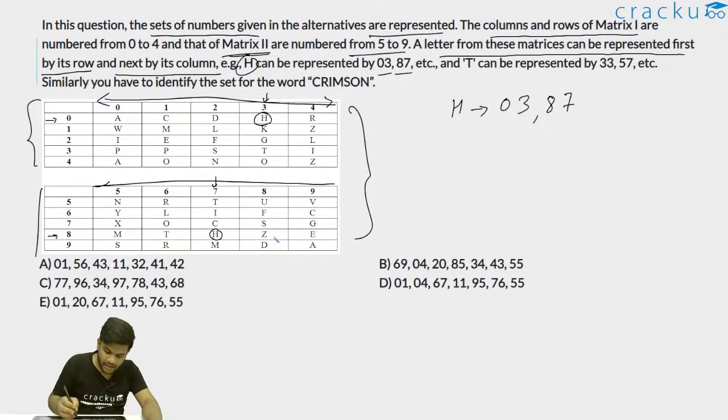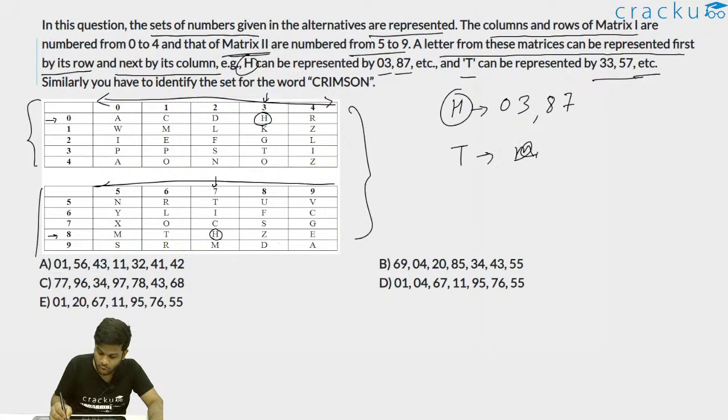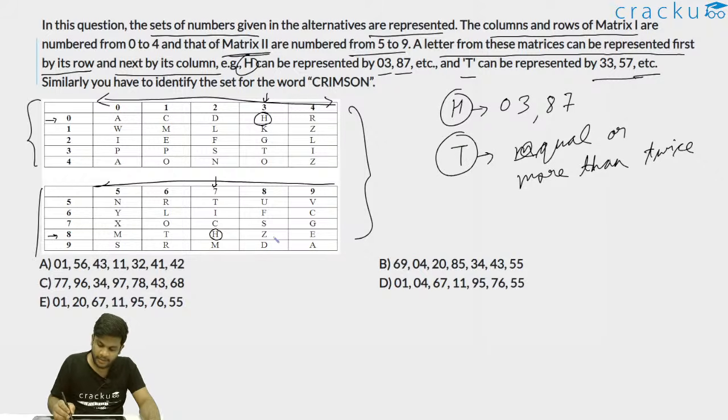It means that one letter can be at multiple places and not at a single place. Similarly, here also we can say that T can be represented by 33 and 57 and so on. It means that each letter can appear equal to or more than twice.